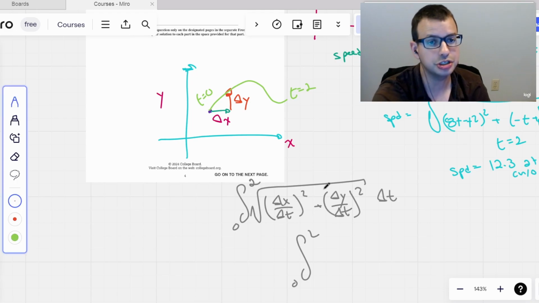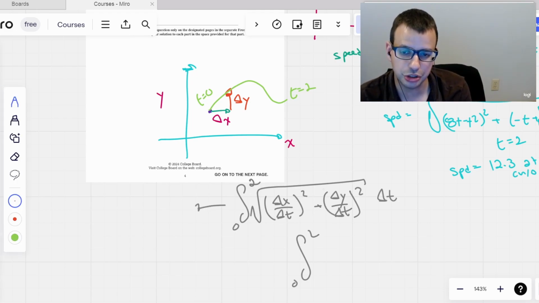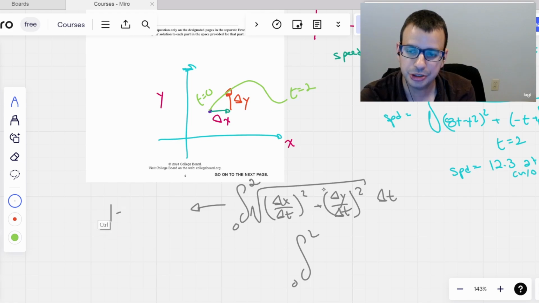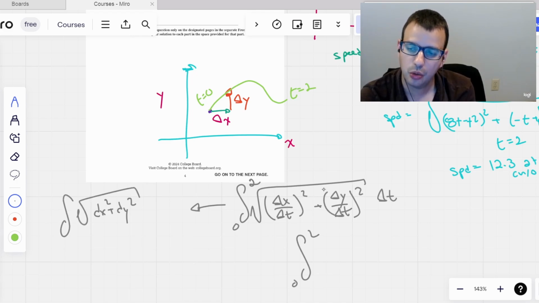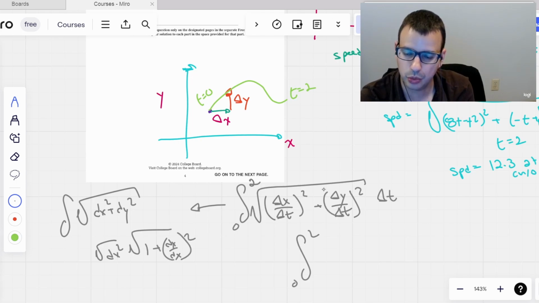And this should be similar to the arc length formula, which you're used to seeing. You're probably used to seeing the square root of dx squared plus dy squared. Well, what happens is you factor out a dx squared there, and you get dx squared times 1 plus (dy/dx) squared.